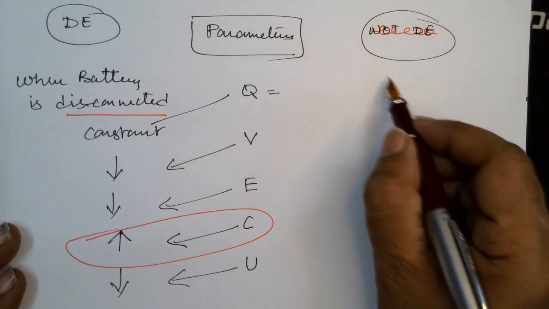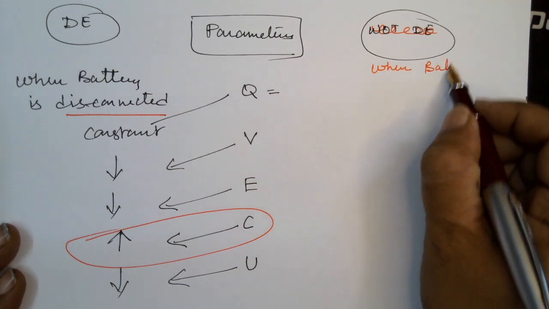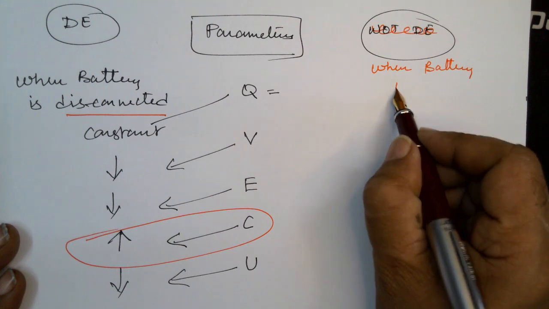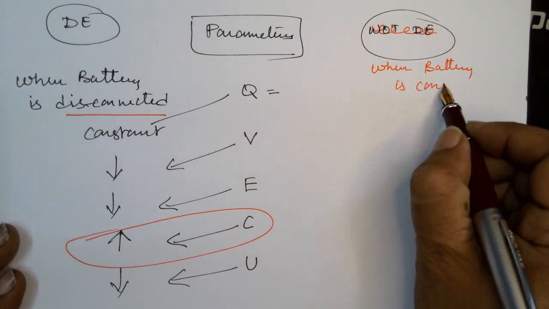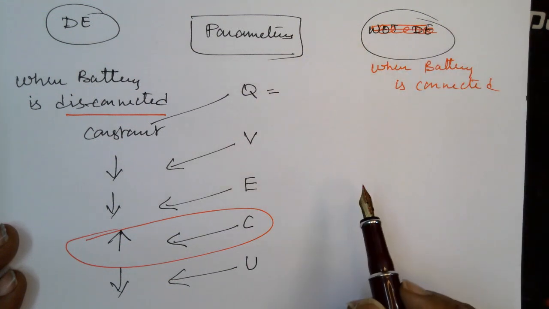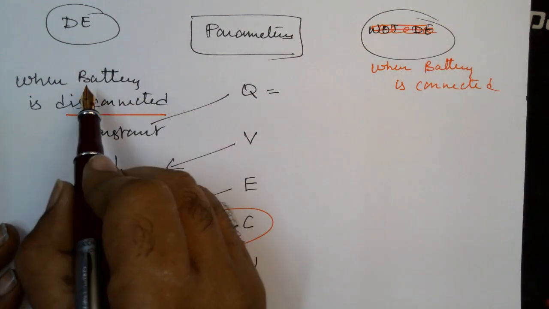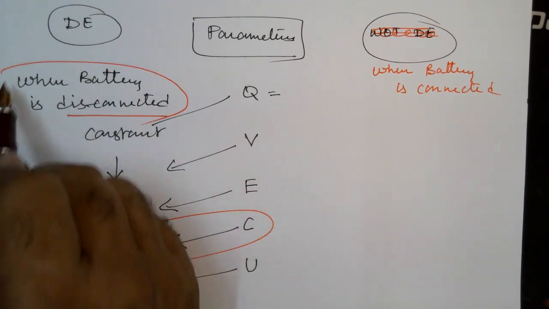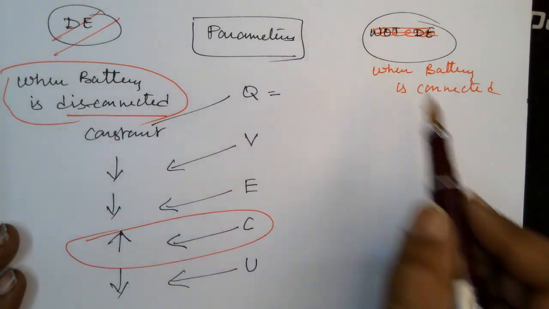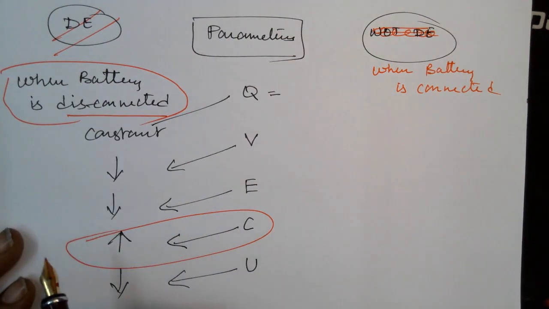Here we will put when the battery is connected. So instead of without dielectric, you can put battery is connected. This is battery is disconnected. So these are the two parts, and all are understood with the dielectric only.